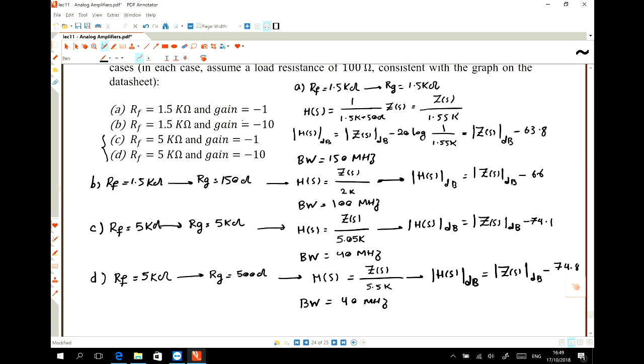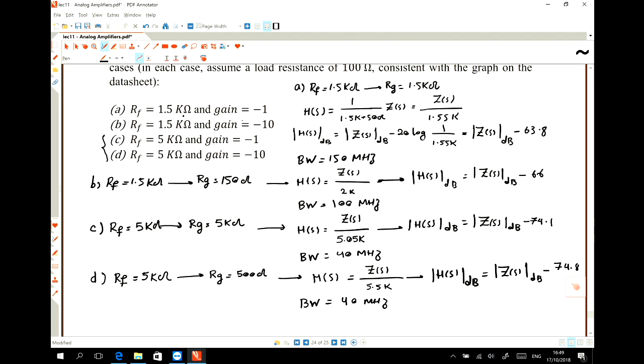Another thing is that when RF is high compared to when RF is low, if the gains are equal, it depends on the value of RF. If RF is high, then Rin is negligible.